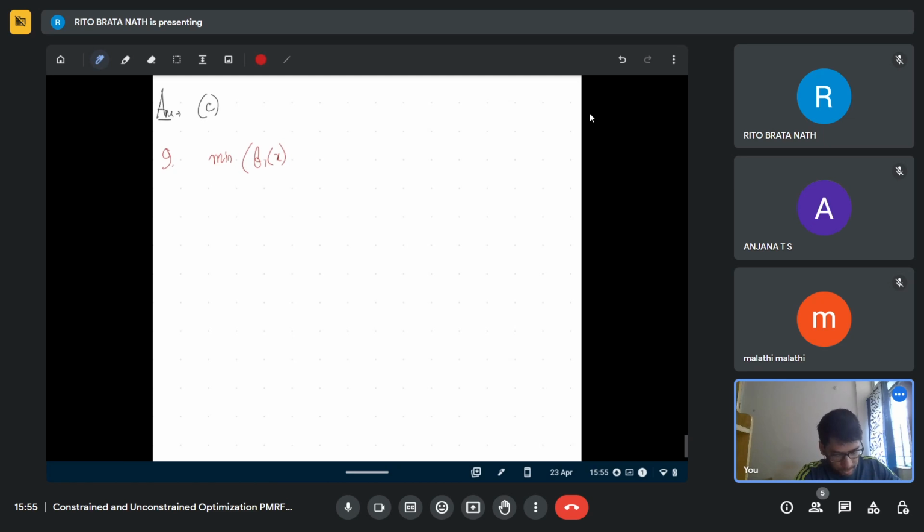You have the minimization of f1(x) and f2(x), two objective functions, or two terms in the objective function, whatever you call it. This is the first one and this is the second one, and you have x greater than or equal to 0.